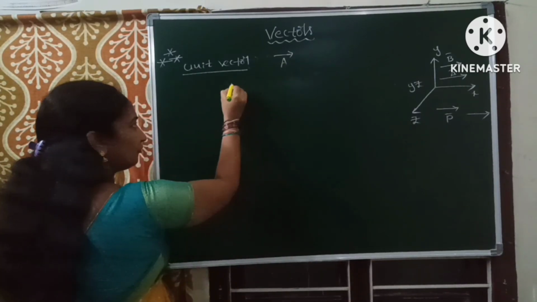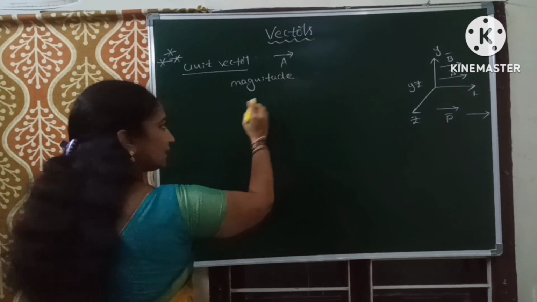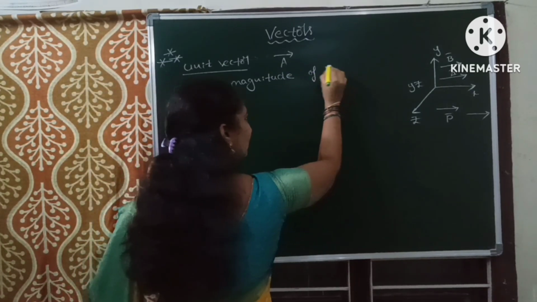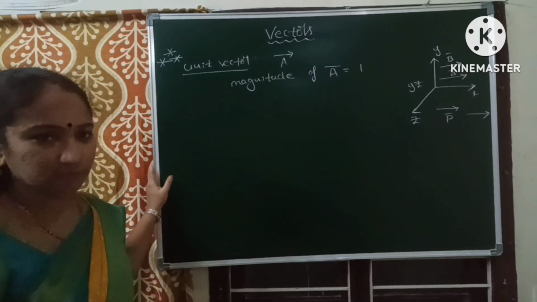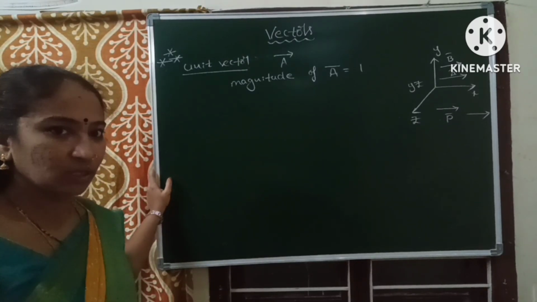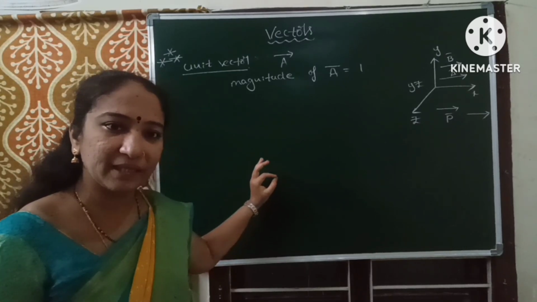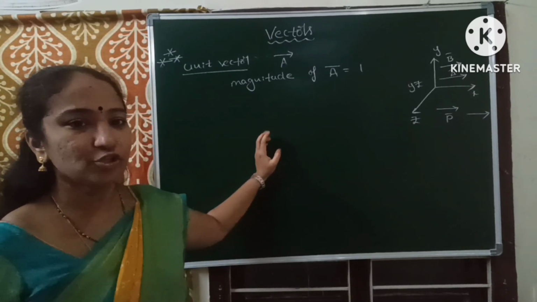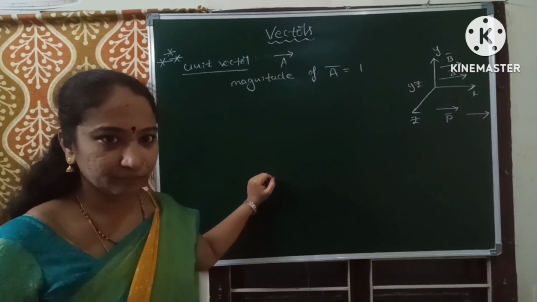If you calculate the magnitude of a bar, for example, you got the answer equal to 1. In that situation, such a vector is called a unit vector. Simply, a vector that has magnitude equal to 1 is called a unit vector.